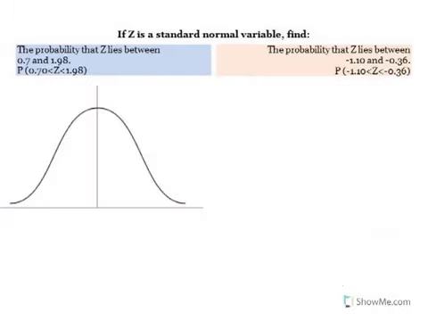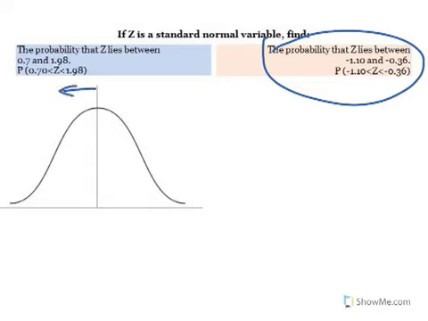What about the probability that the z lies between minus 1.10 and minus 0.36? We know that when z is a negative value, it resides on the left side of the mean. So minus 1.10 would be somewhere right over here, and minus 0.36 would be somewhere over here.